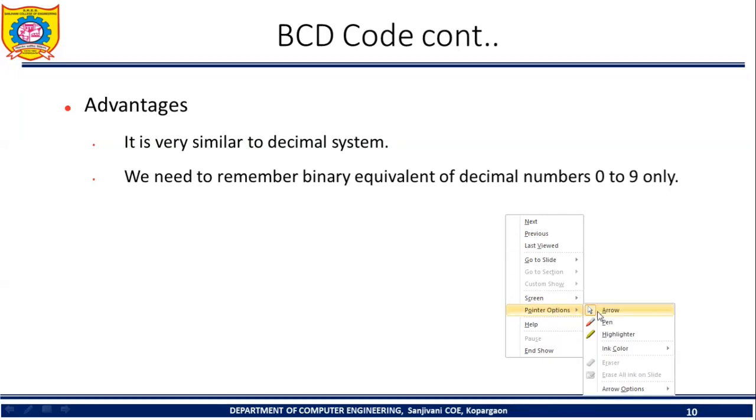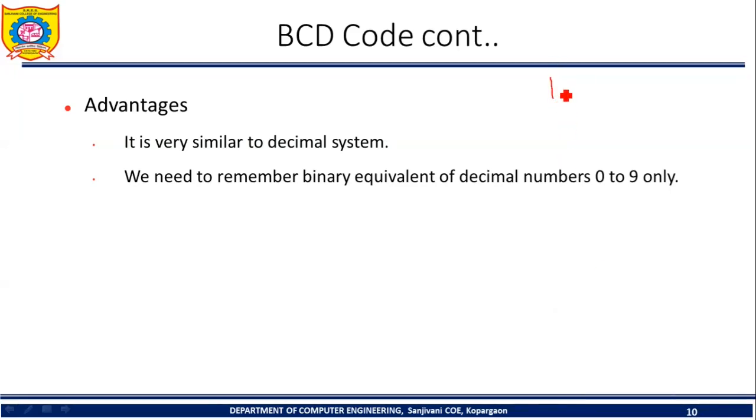So let's take one example. Suppose we have a number like 123. I want to represent 123 in BCD. First of all, we have to take the first digit 3 and represent it using 4 bits. The 4-bit equivalent of 3 is 0011. Then take the next digit 2, and again represent it using 4 bits. The 4-bit equivalent of 2 is 0010.